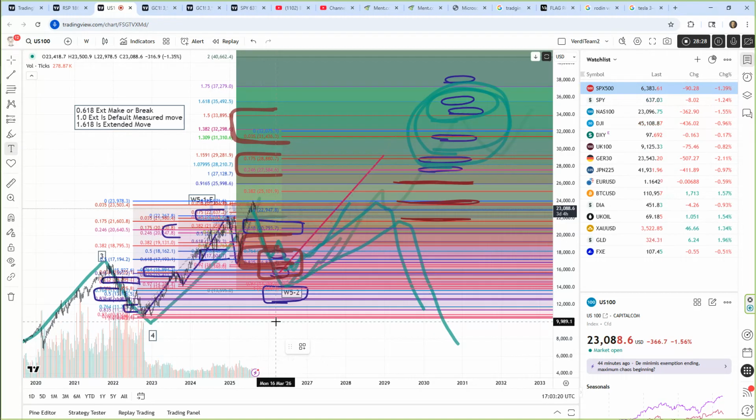So we're looking at a minus 25% to minus 32% downward contraction for wave 2.